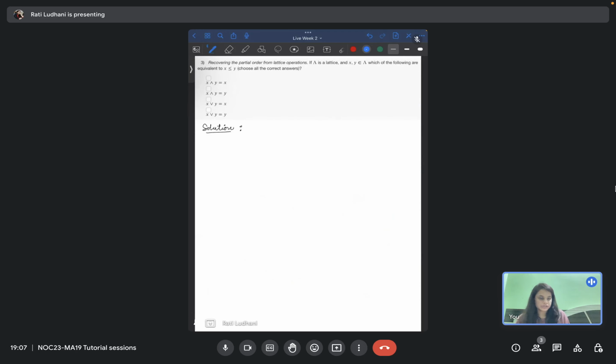Recovering the partial order from lattice operations. So basically, what is a lattice? Do you remember the definition?